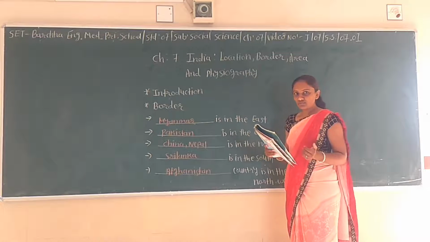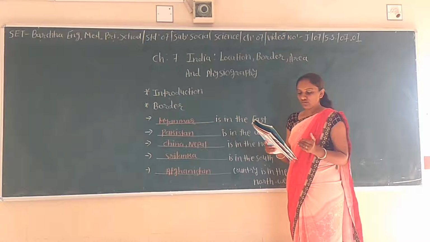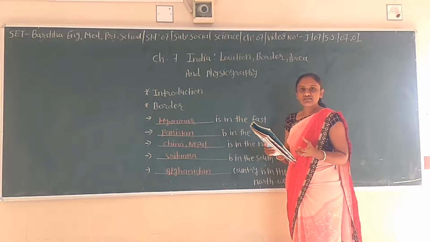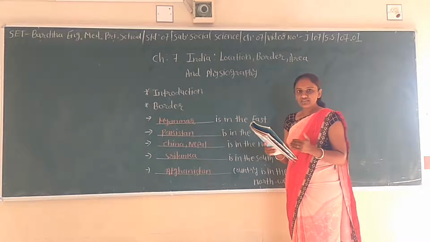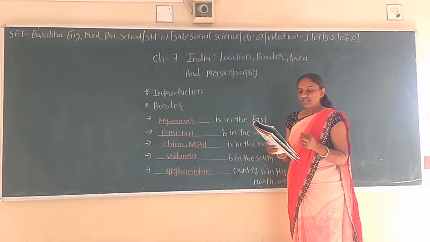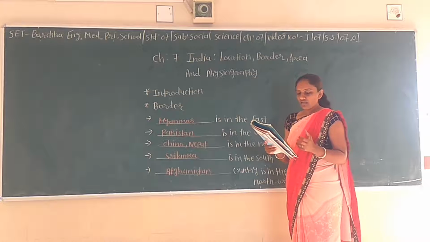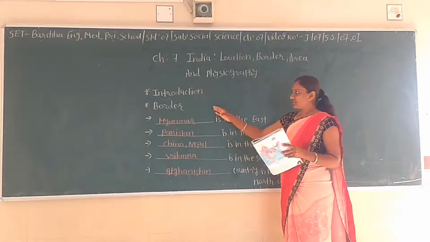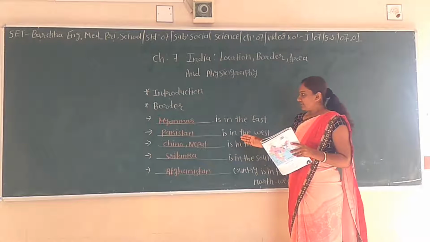According to this map, India lies between 8.4 degree north latitude to 37.6 degree north latitude and 68.7 degree east to 97.25 east longitude. Now the next point is border. That means these countries lie around India.